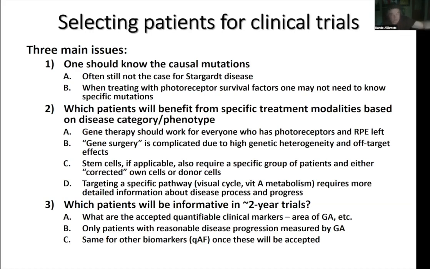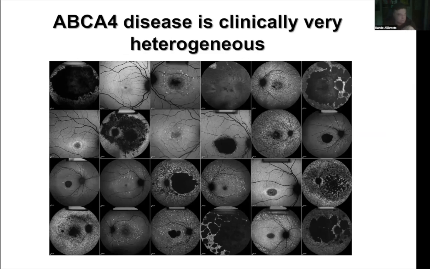And again, I pretty much explained the rest, and I will come to the informativeness of the trial a little bit later, because Stargardt is a slow progressing disease, and that is a bit of a problem for clinical trials. You can appreciate these are pictures of the retinas of Stargardt patients, and how different they are.